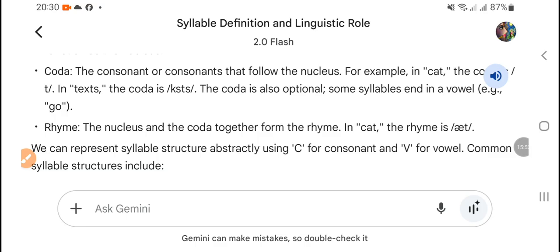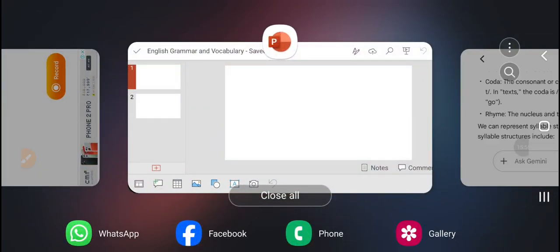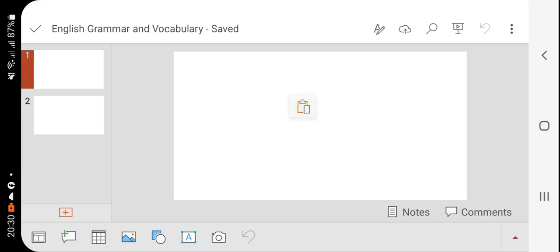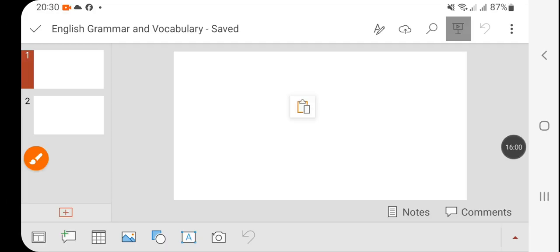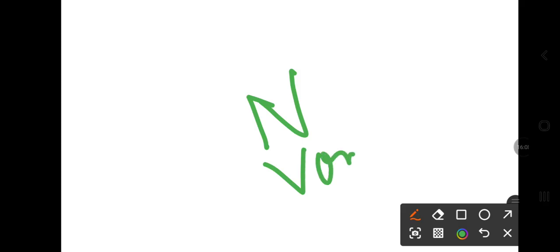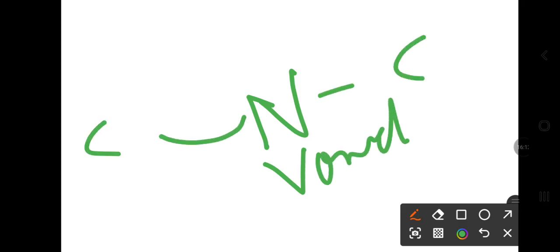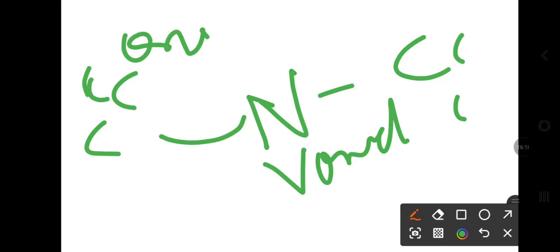So now again I'm giving you an example. We have seen that this is the nucleus. Nucleus is vowel, right? Here consonant 1, 2, maybe 3. This consonant is the onset.